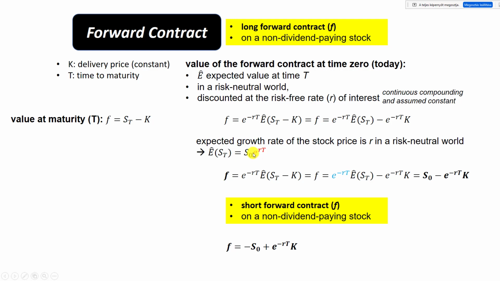So it grows in the future, and sooner or later we will reach this, but we are taking its present value. Obviously, if we are going back and forth, this guy here meets this guy here, and they will eliminate each other. This one is the opposite of this one, so that's why. At the end of the day, only the S0 will remain here, and we eliminated all this stuff.